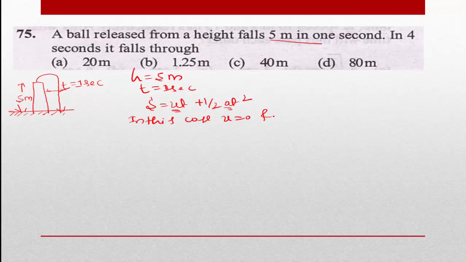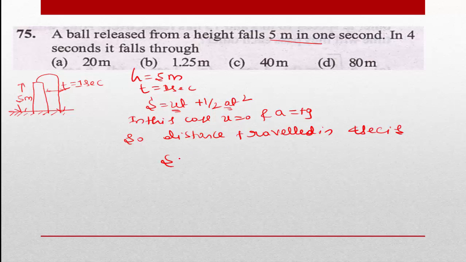It means the ball moves vertically downwards. Therefore a equal to plus g. So the distance traveled in the fourth second.